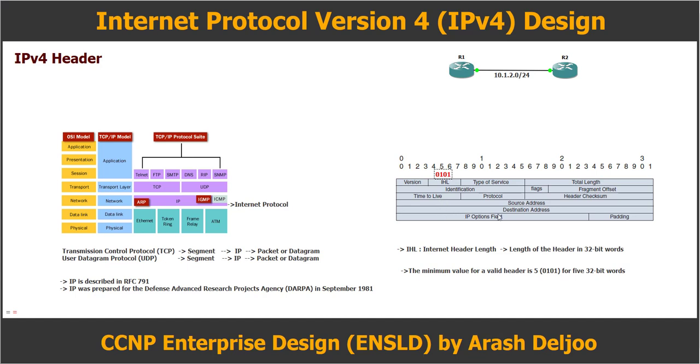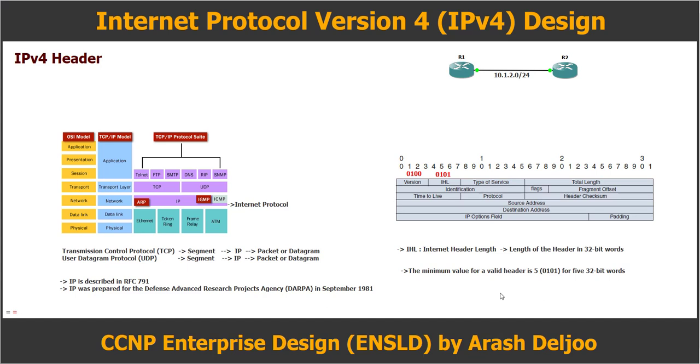And if we have option fields and also padding, we will see values more than 5. Here, let me write, this is the version 0100, and then in IHL we expect to see 0101, which means 5, but 5 multiplied by 4 bytes equals 20 bytes, and this is the length of the header.